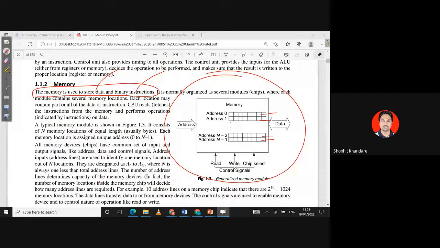If there are n memory locations, then for every location there is an address. Address 0, address 1, and so on. So if there are n memory locations, you have a total of n addresses, starting from address 0 to address n minus 1. इसका मतलब जो लास्ट वाला मेमोरी लोकेशन है वो एड्रेस n minus 1 है.